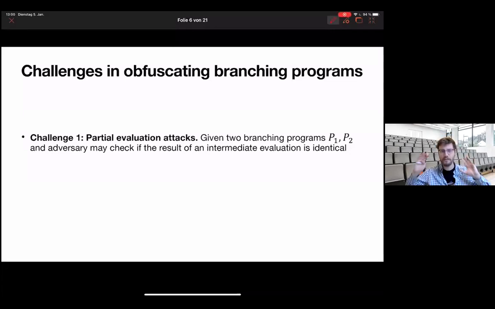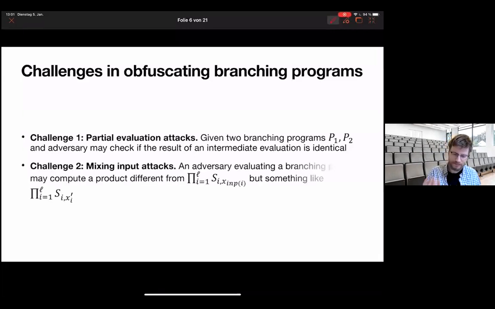We want to release the final result of the obfuscation, because the obfuscator has to be correct. But we need to hide all intermediate evaluation results. So that's a first challenge: branching programs might give off a lot of intermediate results.